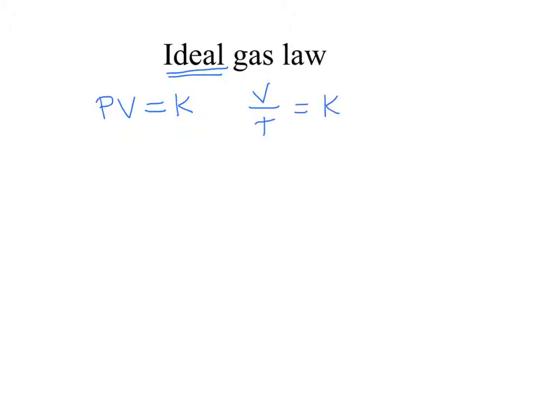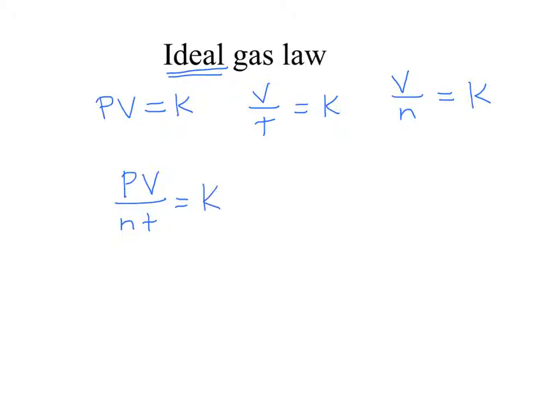And then we've got Avogadro's law, which we didn't talk about from your textbook, but I mentioned it in a previous video, which is the volume divided by the number of moles equals a constant. If you take these three laws and sort of overwrite them, you would get something that said PV divided by nT equals a constant.